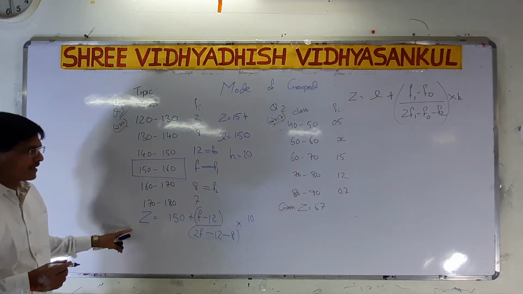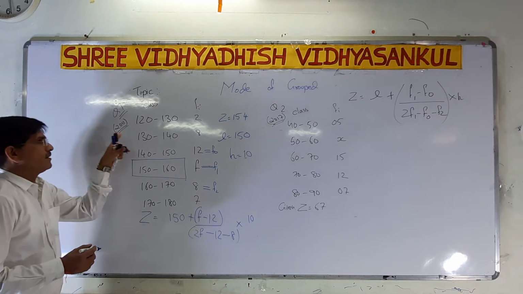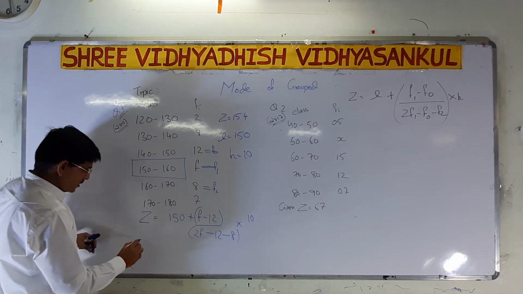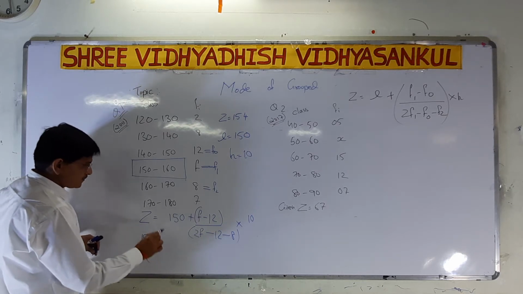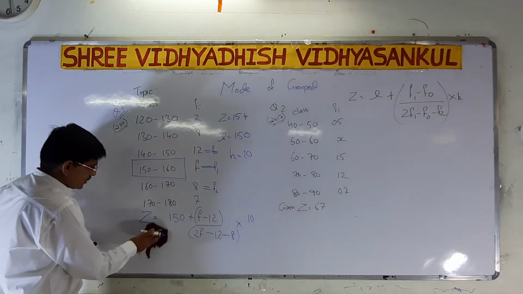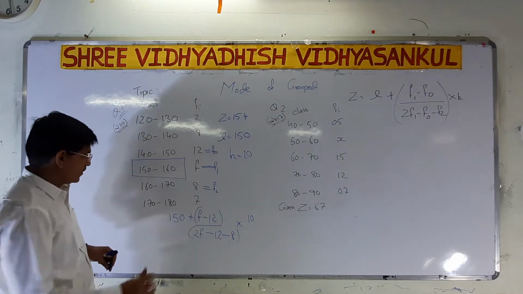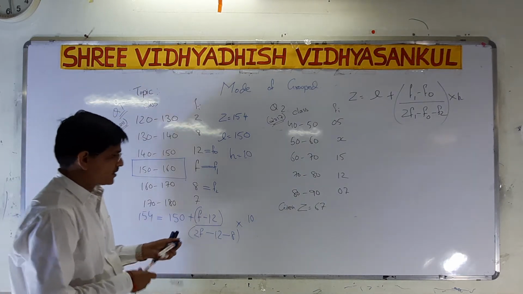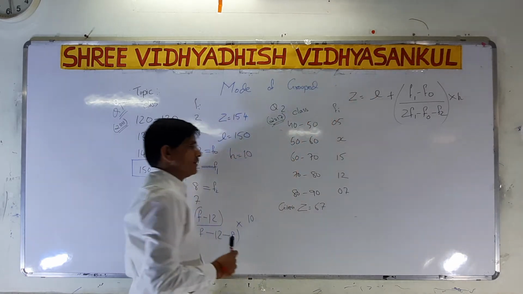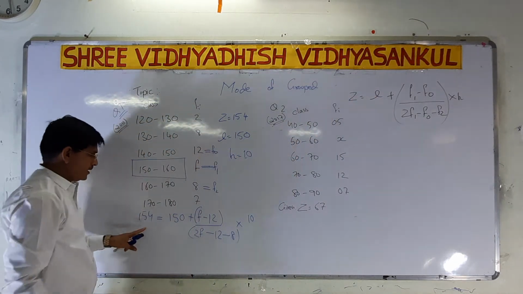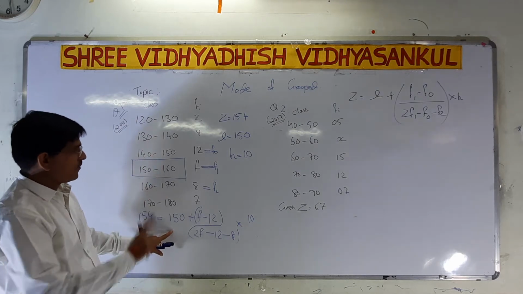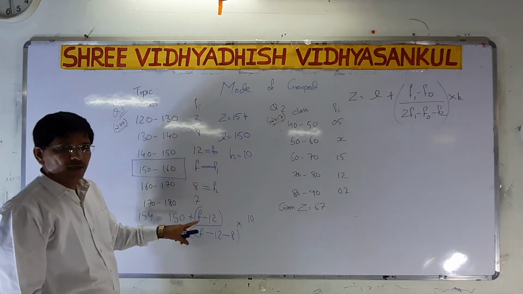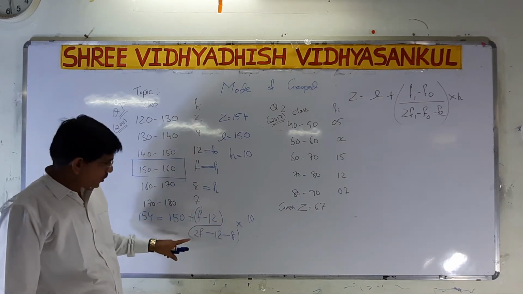What do I put for Z? The given Z is 154. So Z is equal to 154. In the formula, Z is 154, L is 150, and F1 minus F0 is F minus 12, divided by 2F minus 12 minus 8.